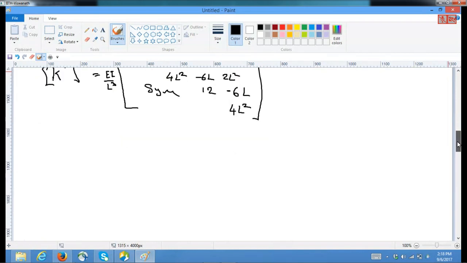And today we will see how to estimate the load vector. The load vector is given by F, which is nothing but coming from the point loads and coming from the distributed load.